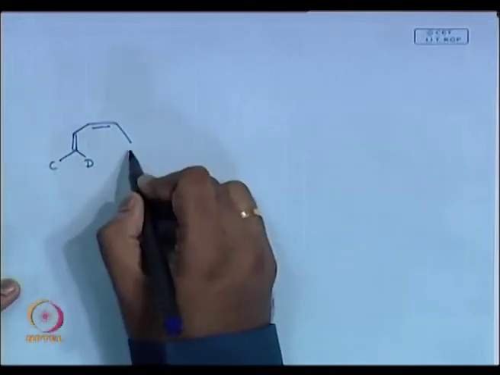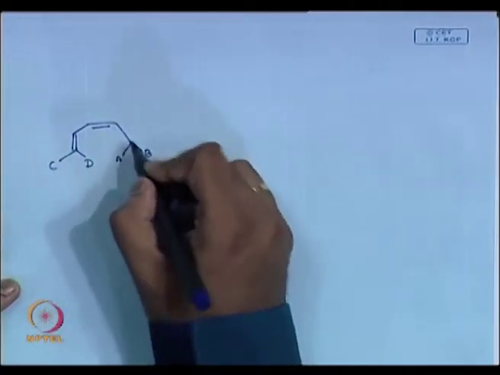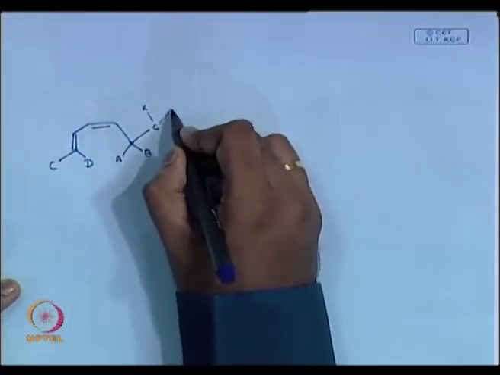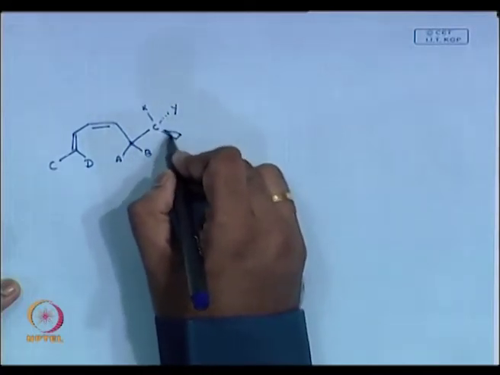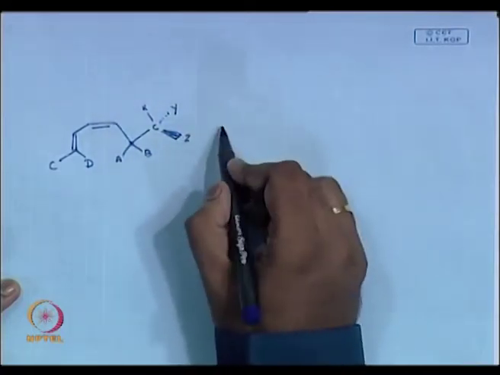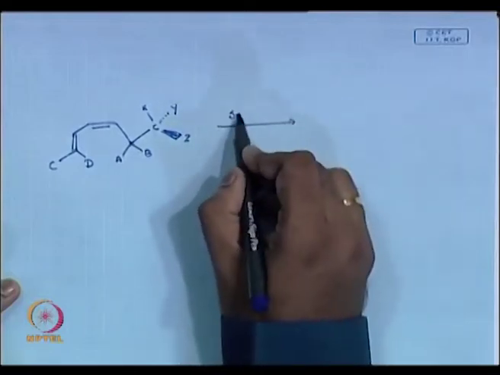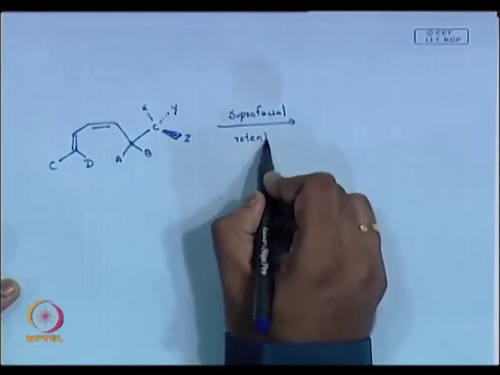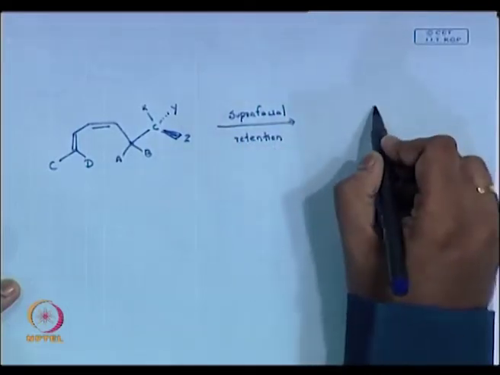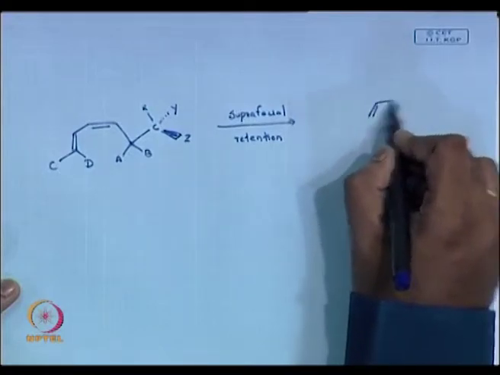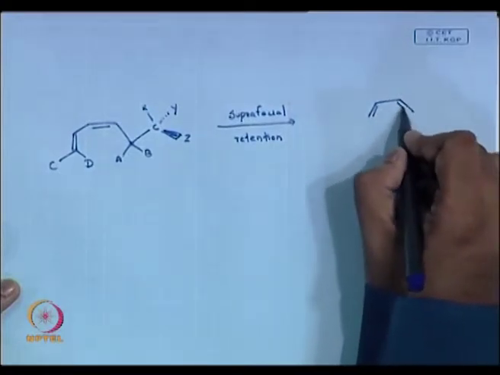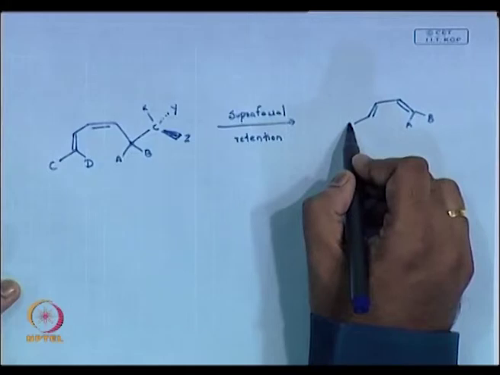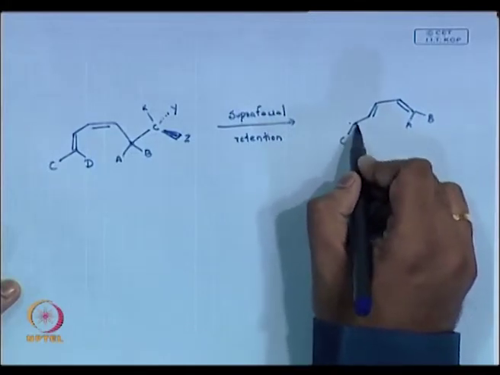See, I have a D. Suprafacial retention. Write your A, B, because it has been shifted from here. Then you write your C here, D.